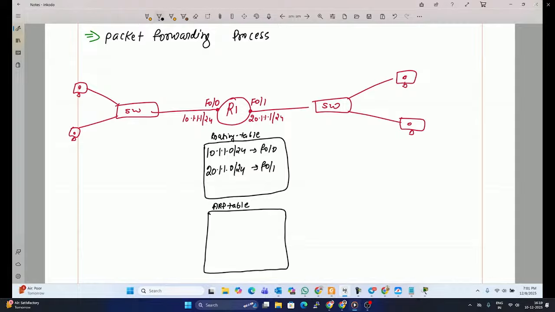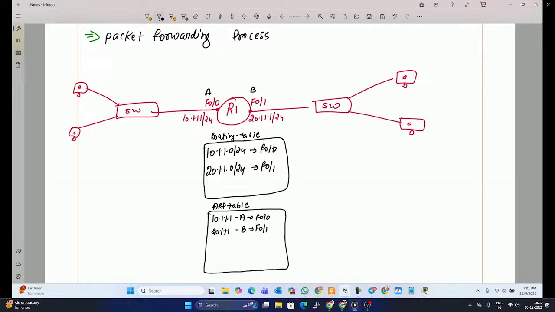So on this we have two entries by default, 10.1.1.1, let's say MAC address is A, and 20.1.1.1, MAC address is B. So it will create an entry that the MAC address is A on f0/0, and 20.1.1.1 with MAC address B on f0/1. This is what a router is going to have by default: its own IP network and its own entries in the ARP table.